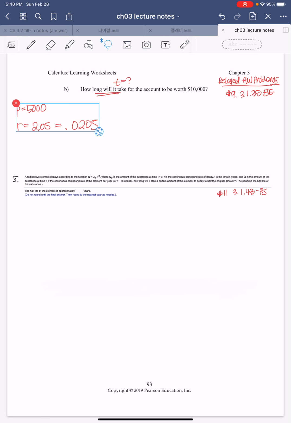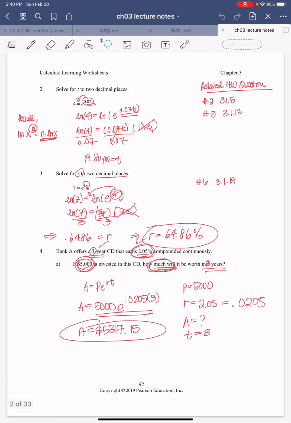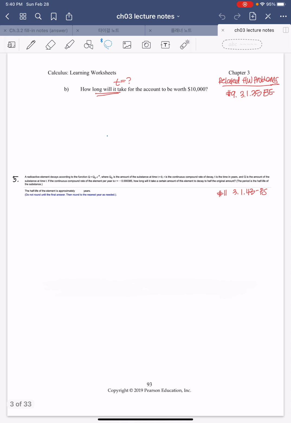Okay, so these are what we already know. How long is what I'm trying to find?